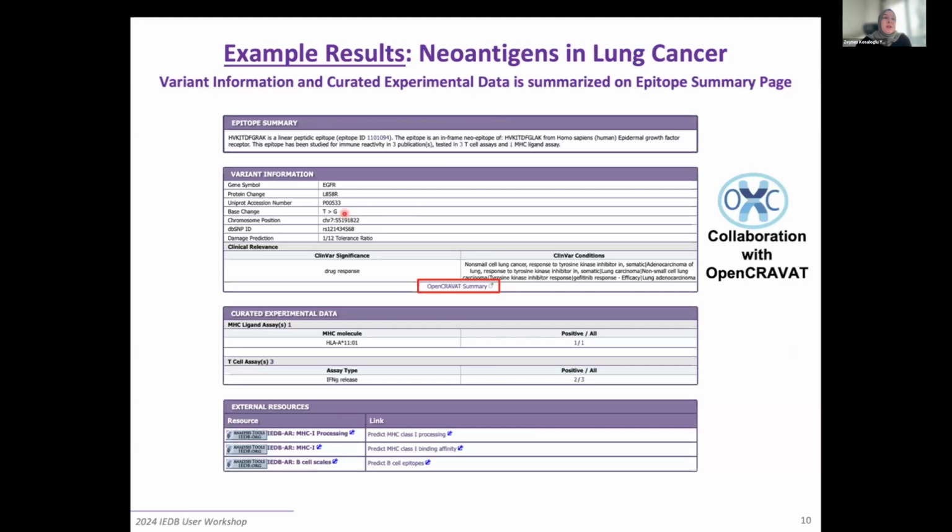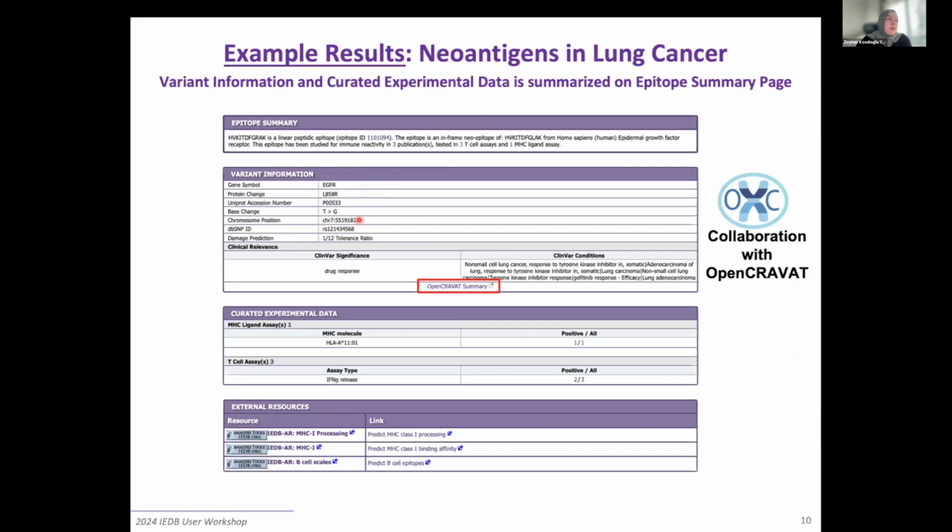And here we have now access to the variant information. As I mentioned, neoantigens are the result of DNA mutations in the cancer genome. And exactly that information is listed here. We have, for example, here the specific base change that happened. The T was mutated to a G, and the location in the genome, here in this example, chromosome 7 at this position.